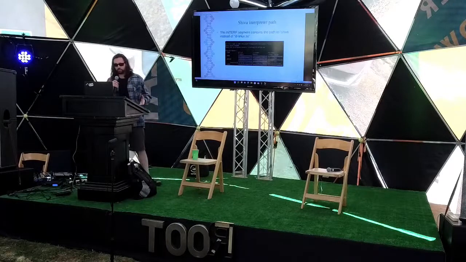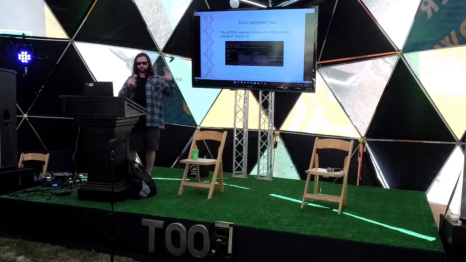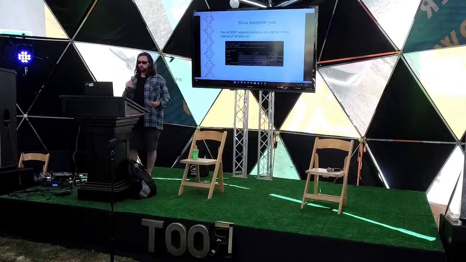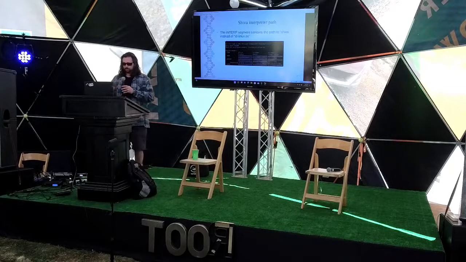So Shiva gets loaded as a dynamic linker, does its thing, loads the module, executes part of the module, then it maps the real dynamic linker into memory and passes control to that. So there's this whole orchestration of setting up the process environment in a way that is really friendly for debugging and instrumentation.